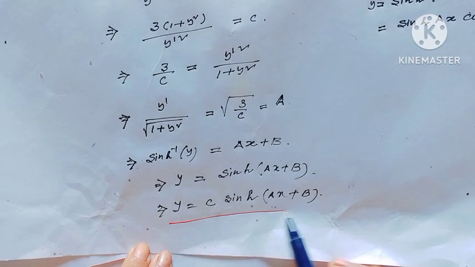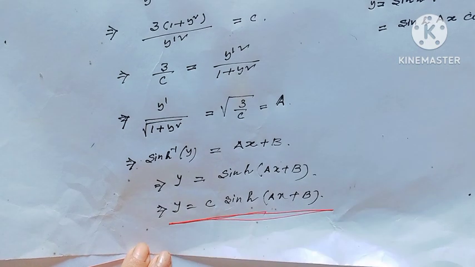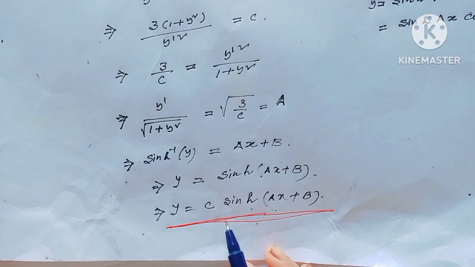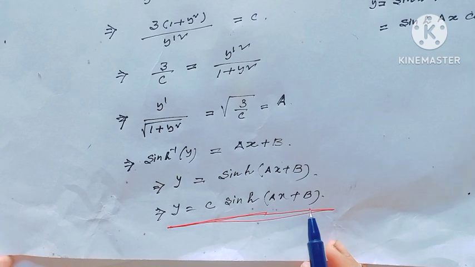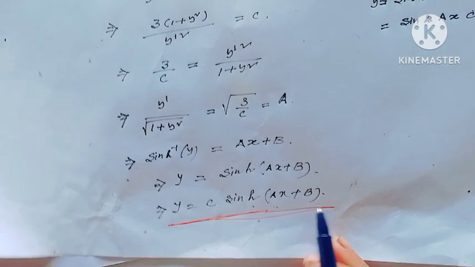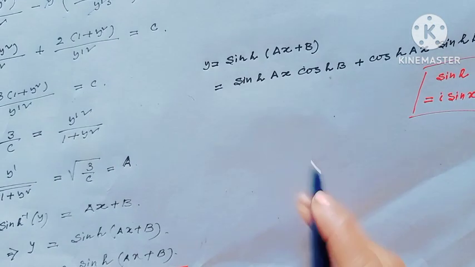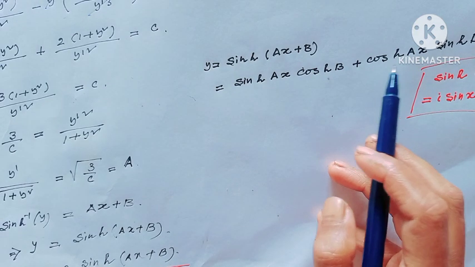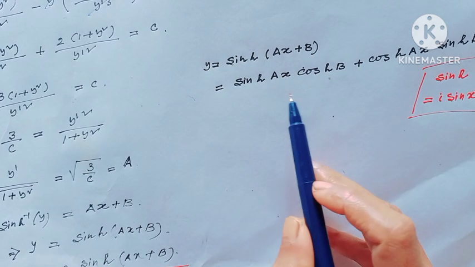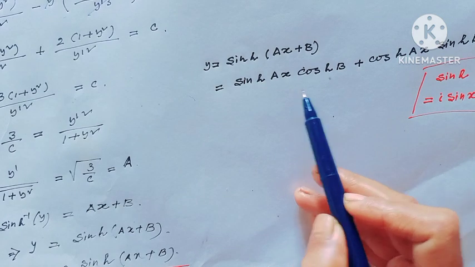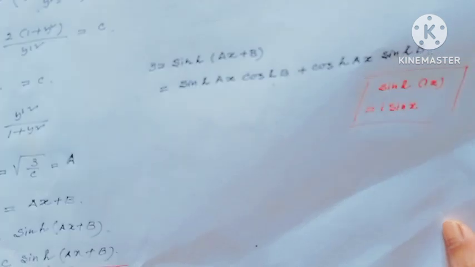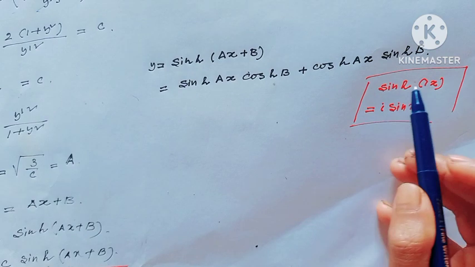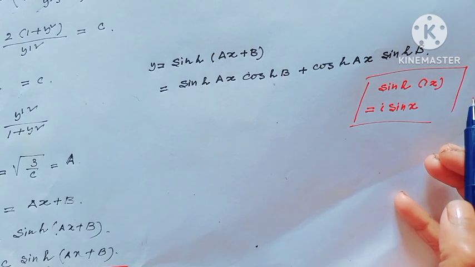Here I have got the extremal of this functional, sine hyperbolic ax plus b. And we all of us know sine hyperbolic ax plus b means sine a cos b plus cos a sine b. That means sine hyperbolic ax cos hyperbolic b plus cos hyperbolic ax sine hyperbolic b.